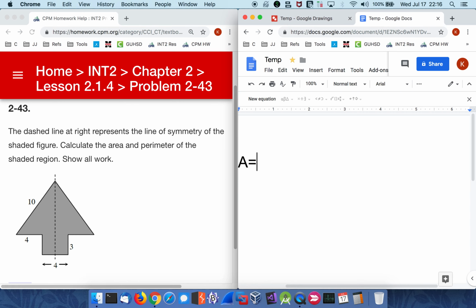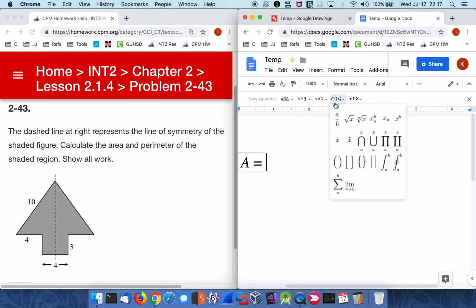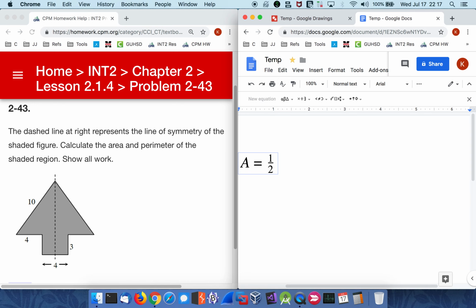The area equals 1/2 of base times height. So the base we know is 12, and the height we already calculated as 8. There's our area.